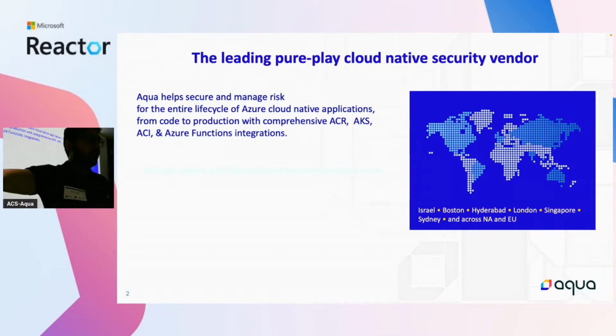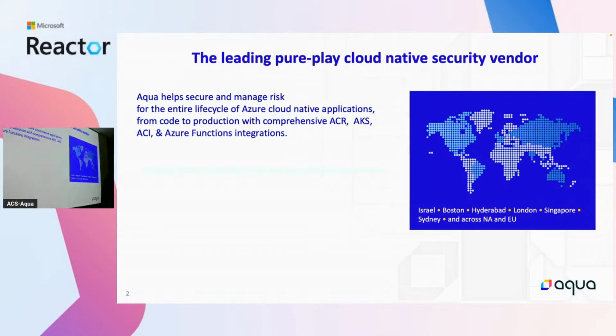Then you deploy the applications, which can be running as a VM, as a container, or as a serverless function. So shift left is about whatever changes you want to make to the application, you do it on the left side. That means security also has to move left. This is where we integrate with your Azure DevOps, your ACR, which is hosting your images for containers, and your Azure pipelines, and we have to secure that.